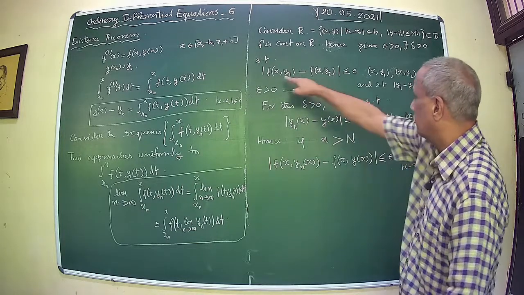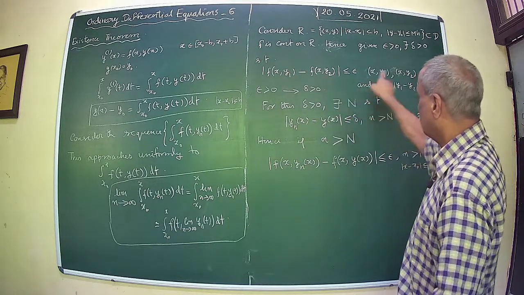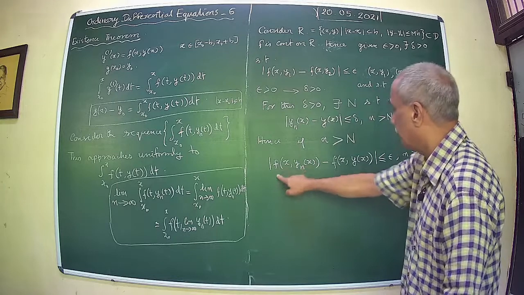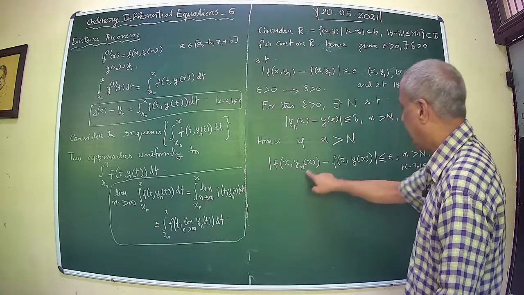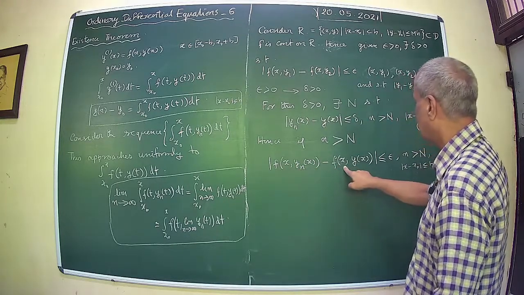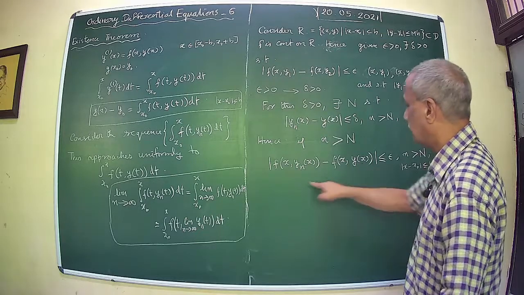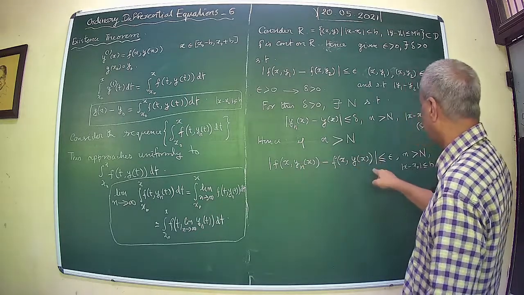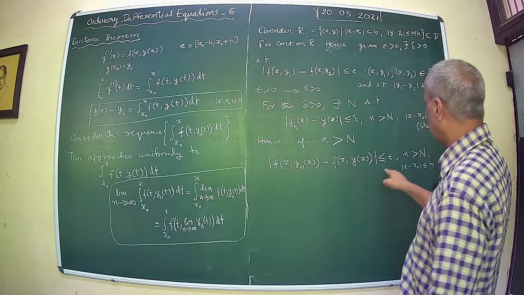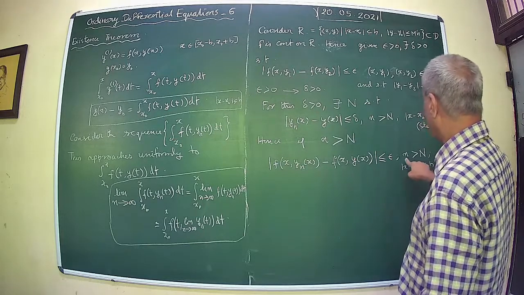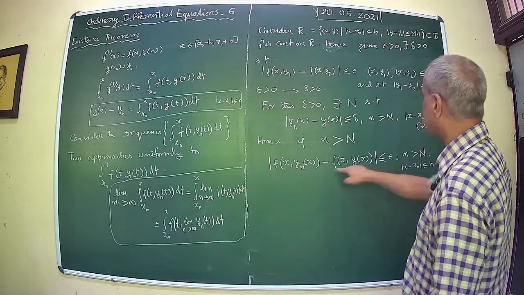Therefore, use this: |f(x, y_n(x)) minus f(x, y(x))|, with y1 and y2 replaced there, is less than delta, and therefore for n greater than N this is less than or equal to epsilon.